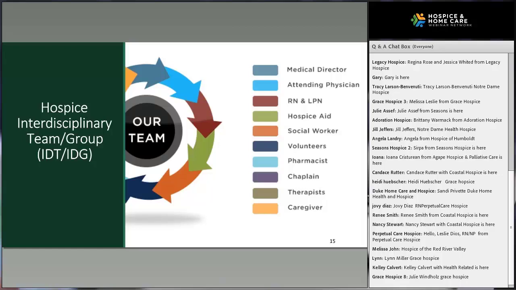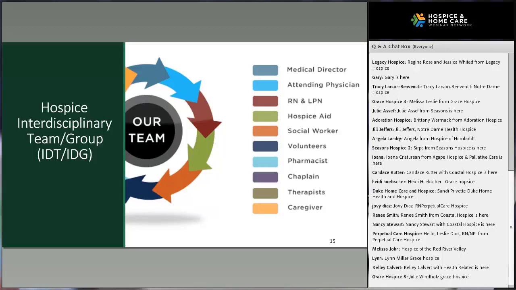Your hospice aide, social worker, volunteers, the pharmacist who is providing the medications. When you do IDT, IDG, oftentimes you do have pharmacy representation, whether it's virtual or they give an update, but it is good to have pharmacy support during your conferencing.